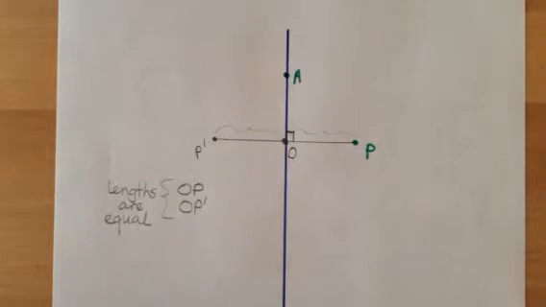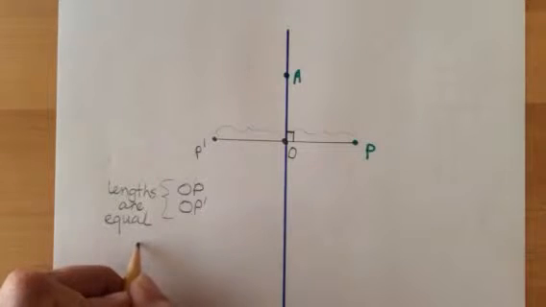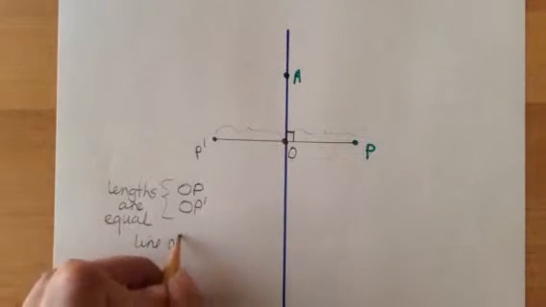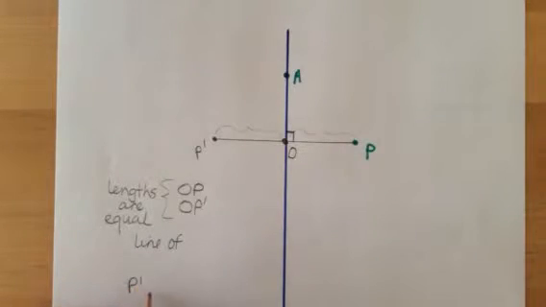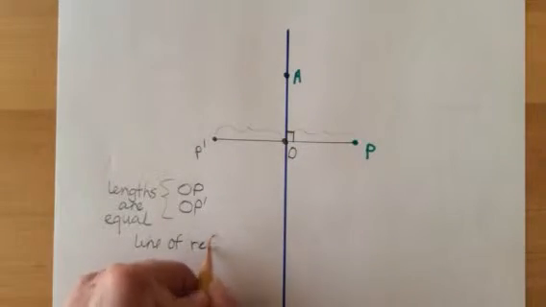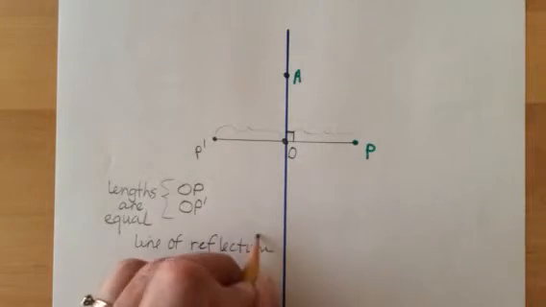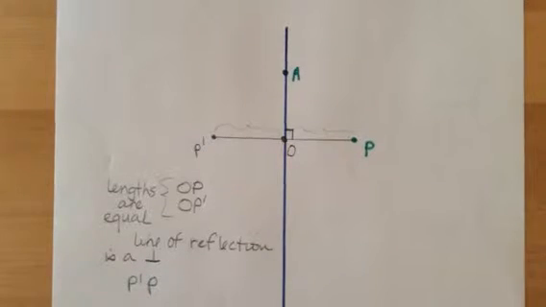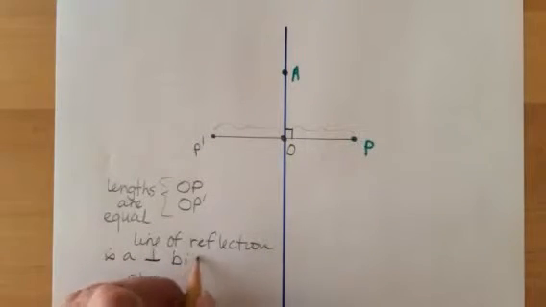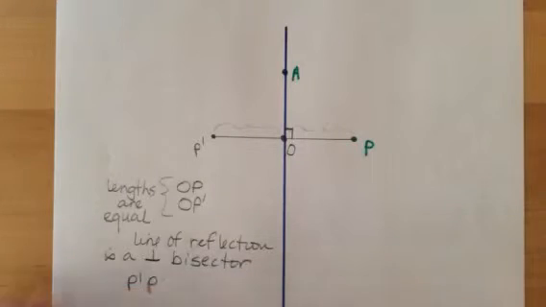So what we have is that the line, our line of reflection, is a perpendicular bisector of P prime P. Okay, line of reflection, I'll write this, is a perpendicular, and I can use that for perpendicular, bisector of this segment P prime P. So this line right here is cut right in half.